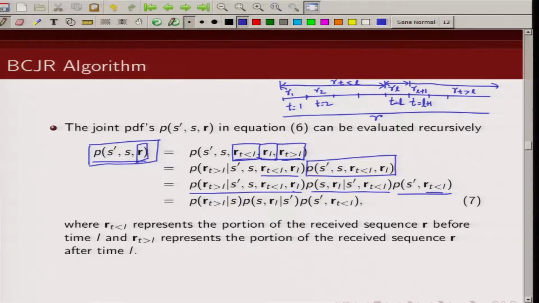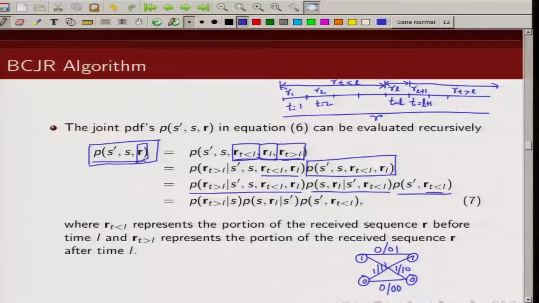Let us go back and look at the trellis diagram at time L. Let us take this example of a 2 state code. So, what I had here was 0 by 0 0, 1 by 1 1, then I had this 1 as 1 0, and this was 0 by 0 1. So, this was my trellis diagram. This is state 0, this is state 1.